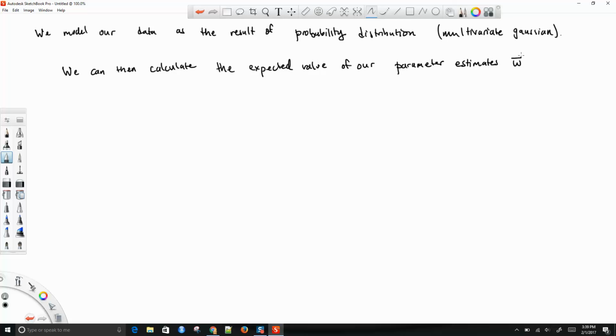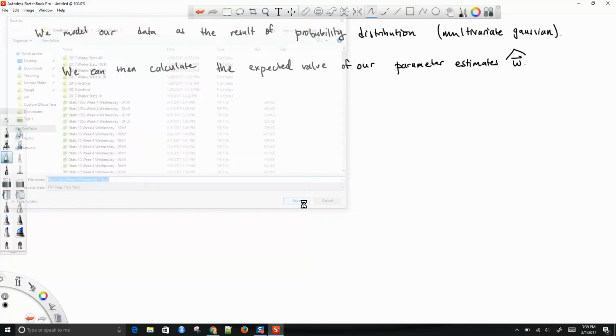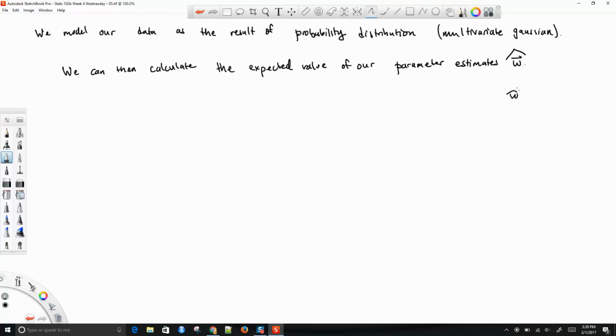So we have the vector w hat. Should I do w hat with the vector over it? I don't know. How should I do this? Is that more correct? I don't know. You like the second one? Okay, we'll go with the second one.